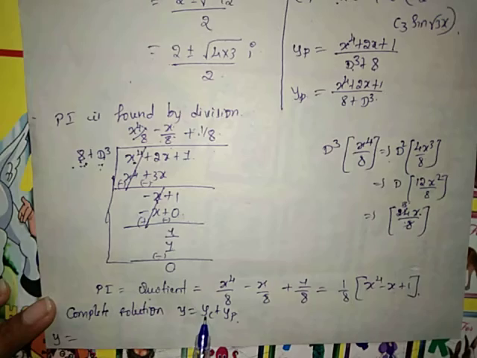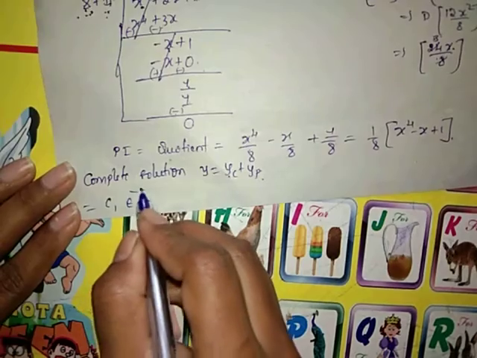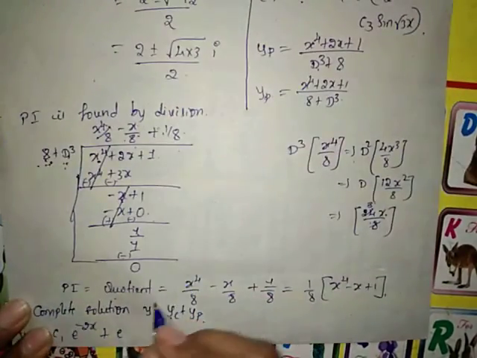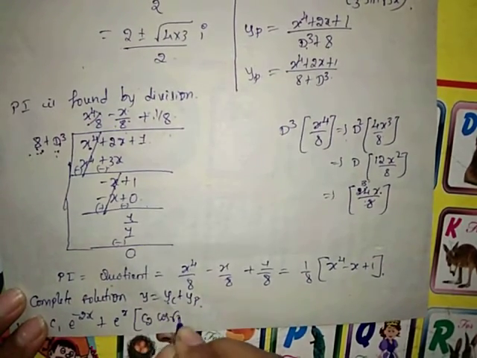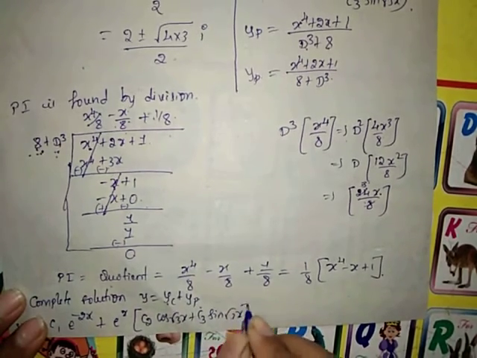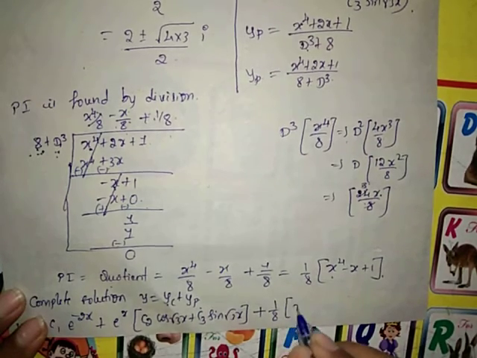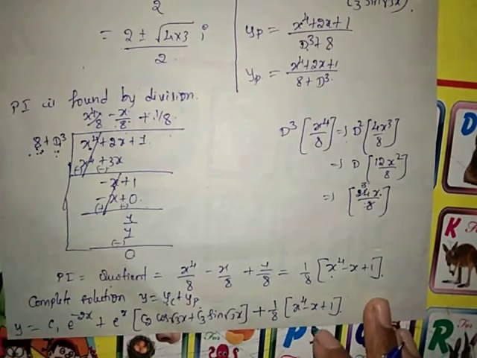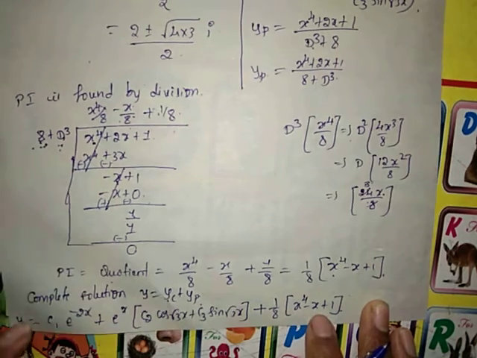Yc means complementary function: c1 e raised to minus 2x plus e raised to x into bracket c2 cos of root 3x plus c3 sin of root 3x, plus particular integral 1 by 8 into bracket x raised to 4 minus x plus 1. So that is our complete solution of the equation.